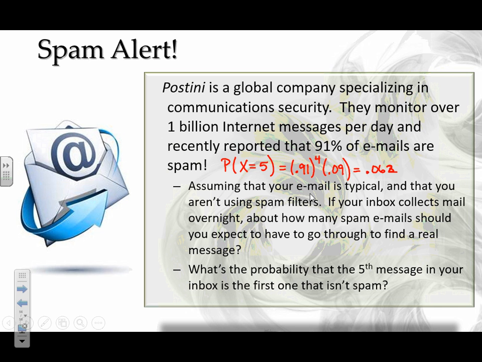That would be exactly what this question asked. What's the probability that the fifth message in your inbox is the first one that isn't spam? If we were looking at the exact time when we're going to hit a success, that's a PDF. So, if we did this in the problem, go ahead and select that option, geometpdf.